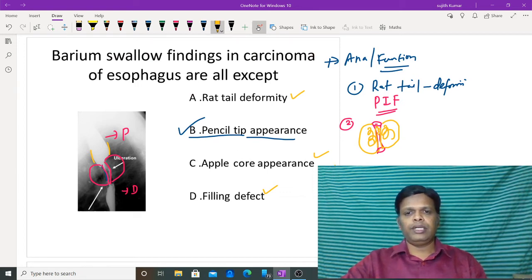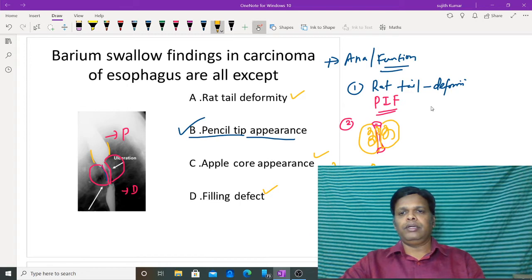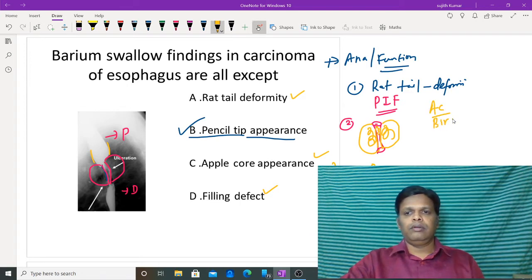Achalasia cardia is a benign condition where you will get some important findings. One important finding is the bird beak appearance. Already I told about the rat tail, and apart from that, you will get the bird beak appearance as well as the pencil tip appearance. So these findings are characteristically seen in achalasia cardia.